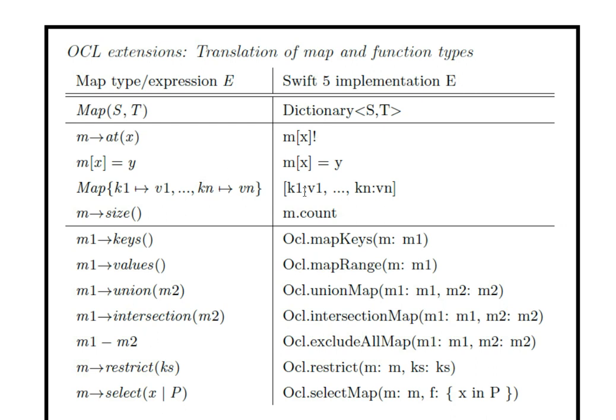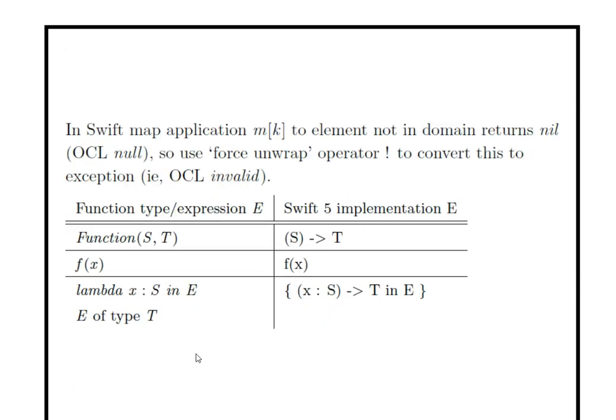Literal maps have direct correspondence. Size, again, is represented by count. Keys and values need to be implemented in the library. Likewise for union, intersection, and so on. So all of these can be implemented fairly straightforwardly. Functions, the main thing here is the function type.